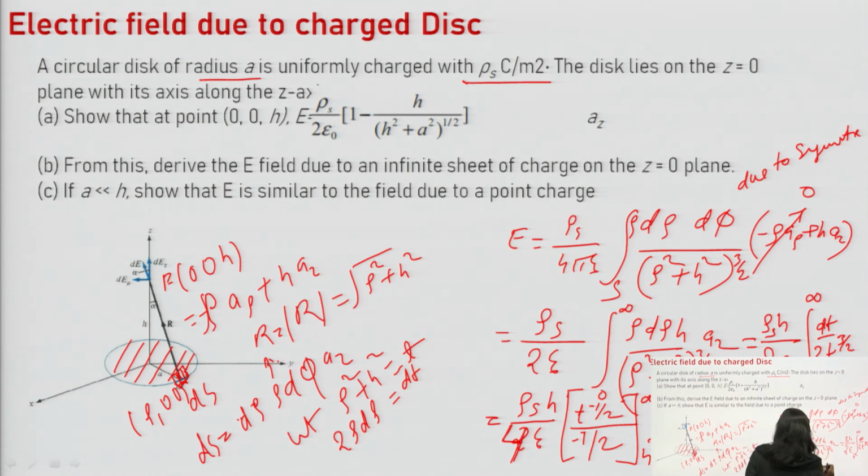After solving this we will get rho s h by 4 epsilon minus 2. I am taking out this minus 2 outside, then we will get here 1 by infinity will be 0 minus 1 by h square root under h square, so it will give the h.